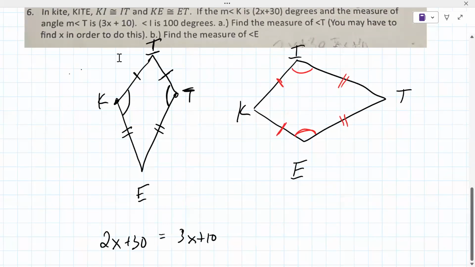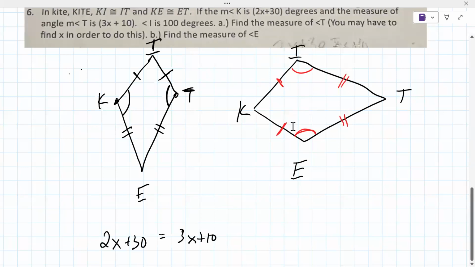How do you know when to set it to like 180 in some problems? In a kite, and this is a property that's only for kites, the angle between the non-congruent sides is congruent to the angle between the non-congruent sides.